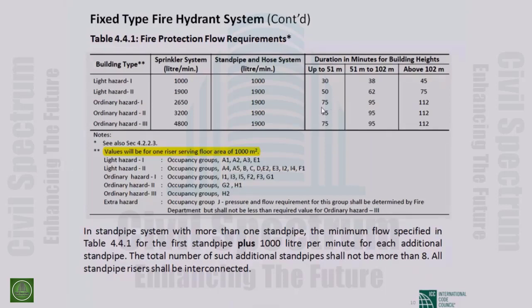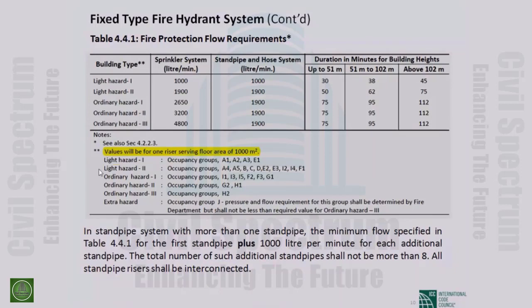That is the amount of water you have to reserve for your garments industry occupancy. If it is with a sprinkler, then you have to multiply 3200 by 75 minutes. If it is a combined system, then you have to calculate the maximum requirement, either sprinkler or standpipe, and go for the higher one.